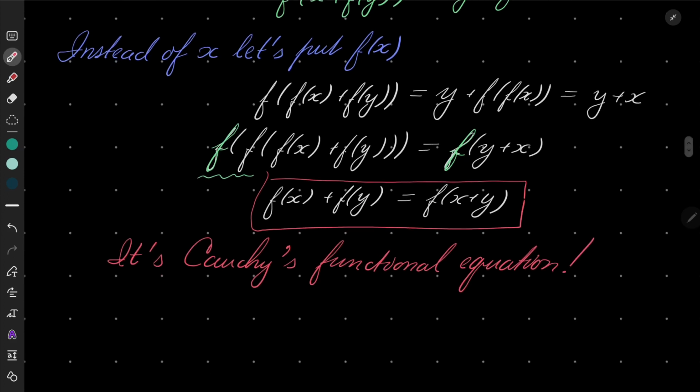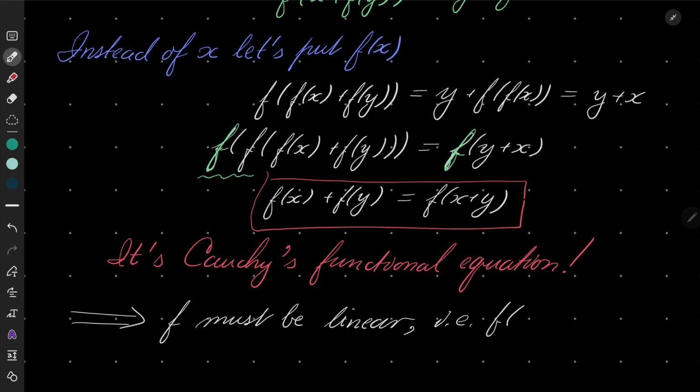And we know that it implies, by the well-known result which I explained at the beginning of my reasoning, that f must be linear, i.e. f of x must be equal to a times x for some constant a, and for every rational x.